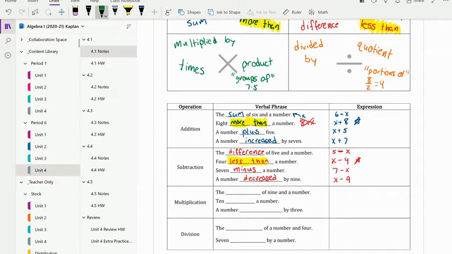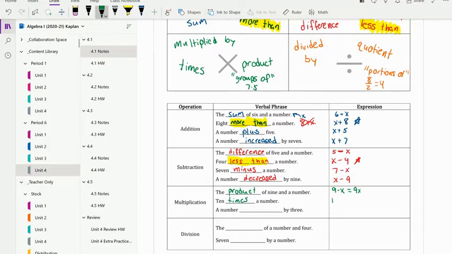Multiplication. Here we go. The product of 9 and a number, right? So product means multiplication, and it's between 9. So 9 times a number, so 9 times x, or 9x, right? 10 times a number, right?